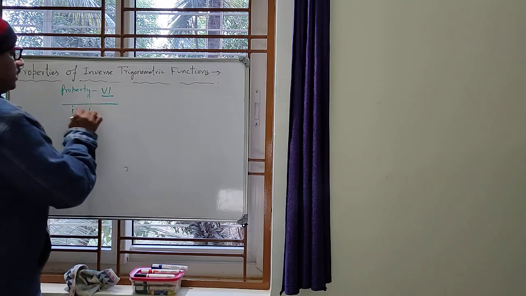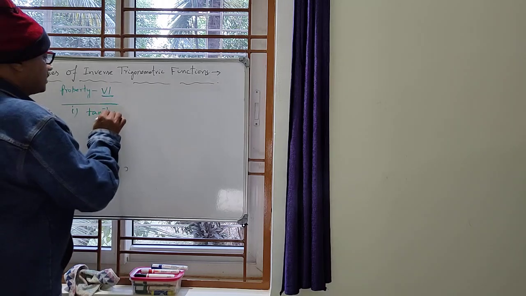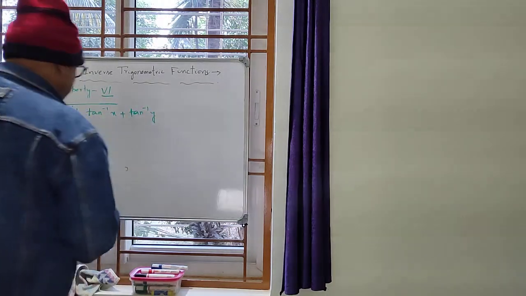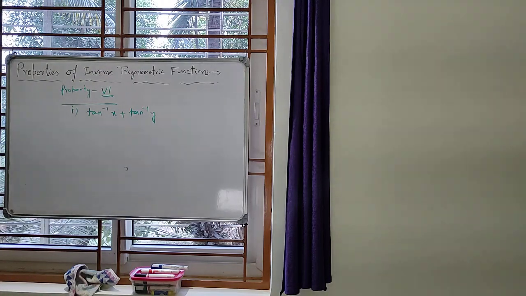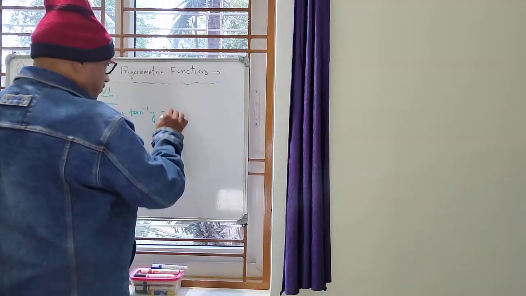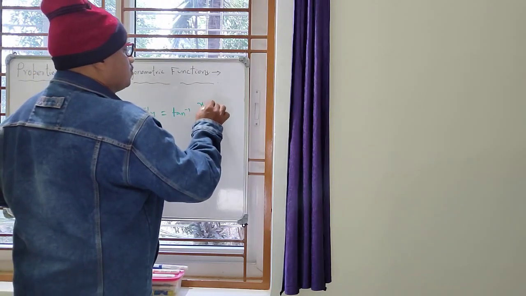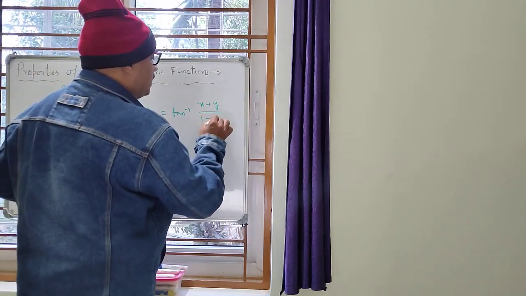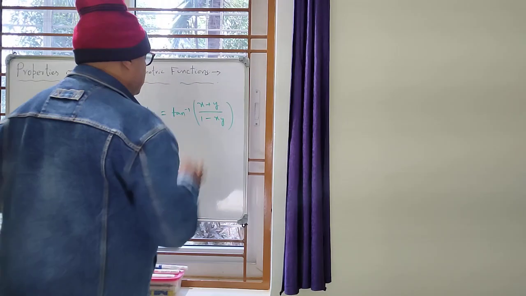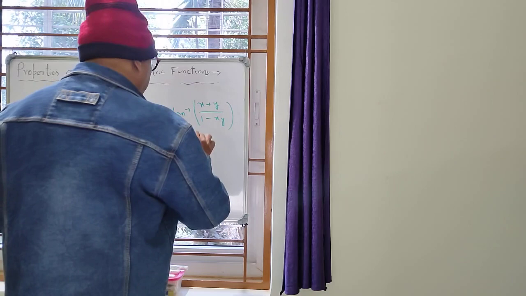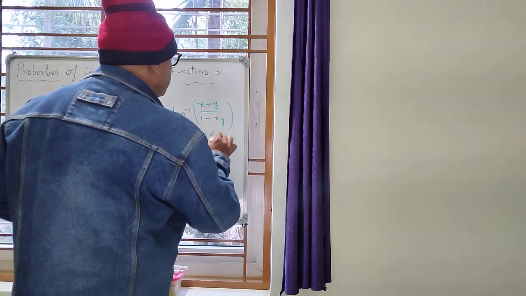Tan inverse x plus tan inverse y equals tan inverse of (x plus y) divided by (1 minus xy), for all xy less than 1.